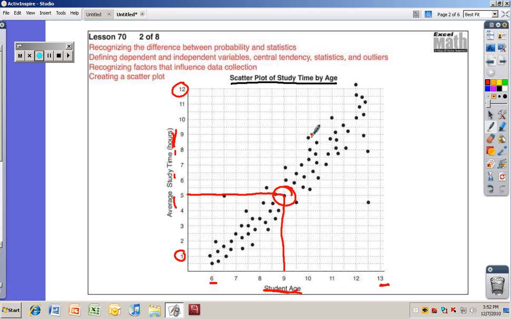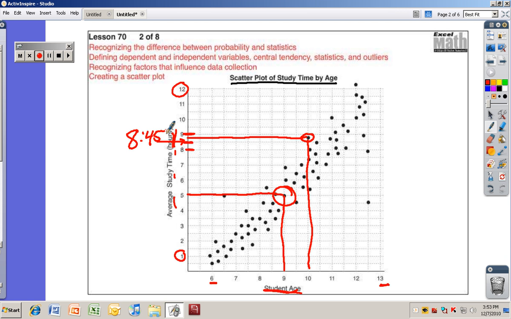This dot right here, give you another idea, comes straight down. That student is 10 years old, and if you follow the dot over to the side exactly where it is, the 8 is right here, the 9 is right there, so halfway between 8 and 9, that would be 8.5 hours, and this is actually halfway between 8.5 and 9, which means that would be 8 hours and 45 minutes.